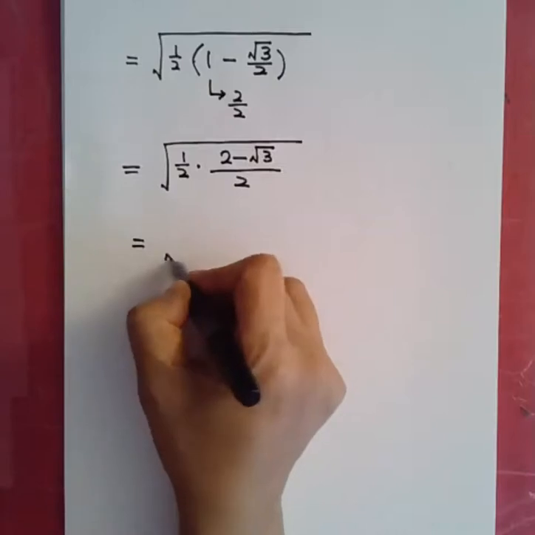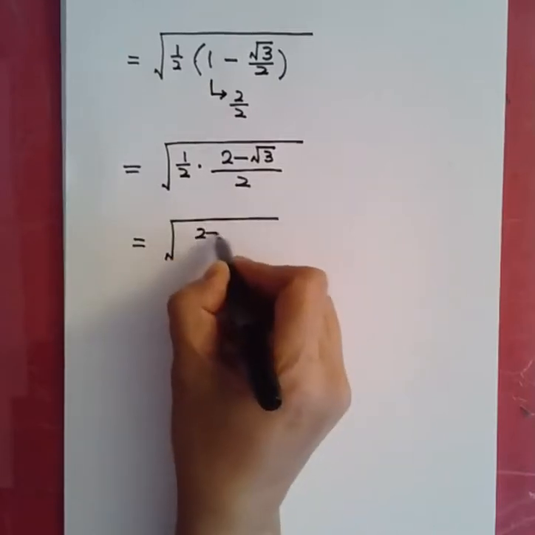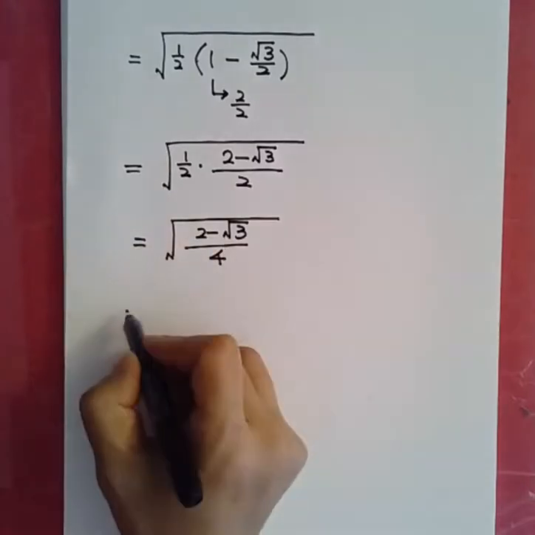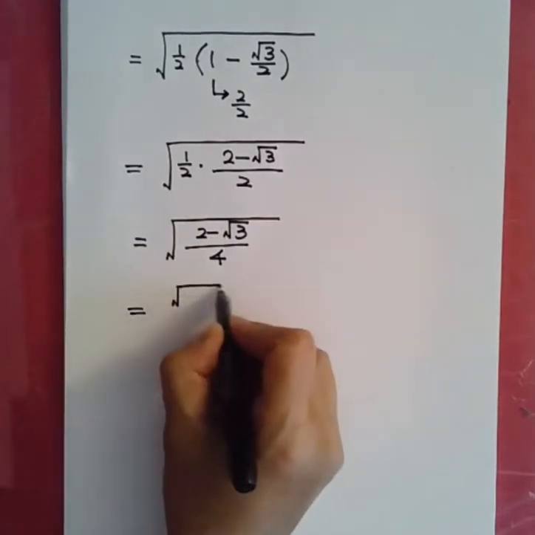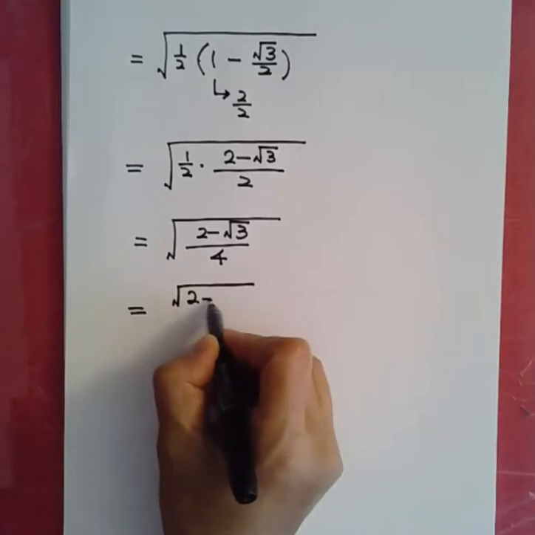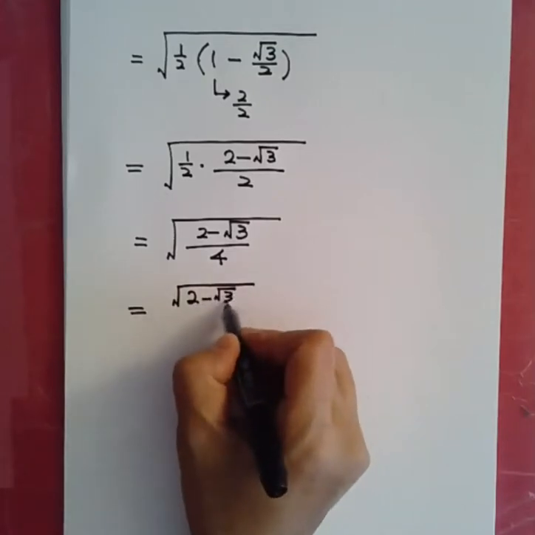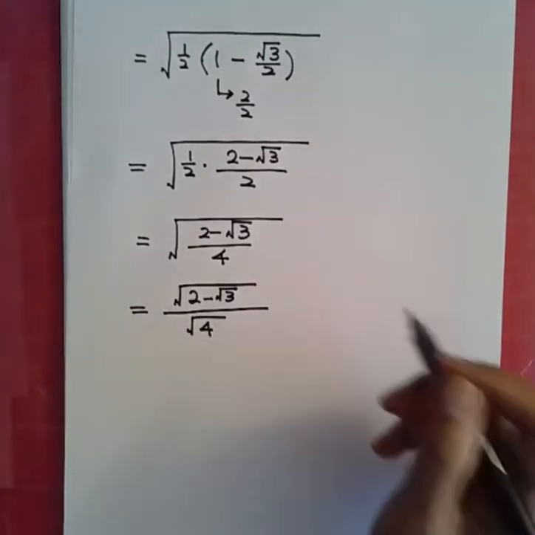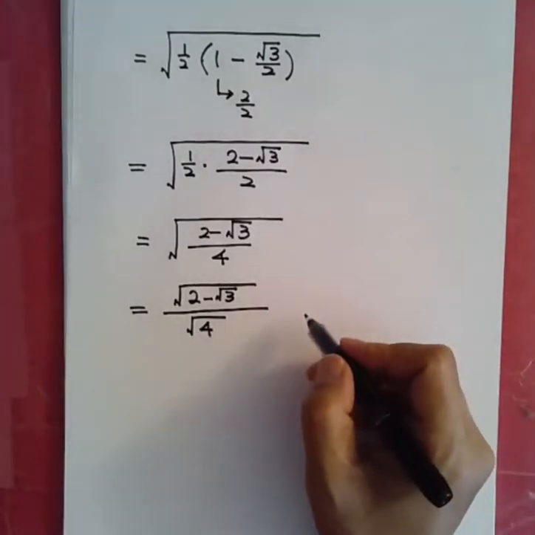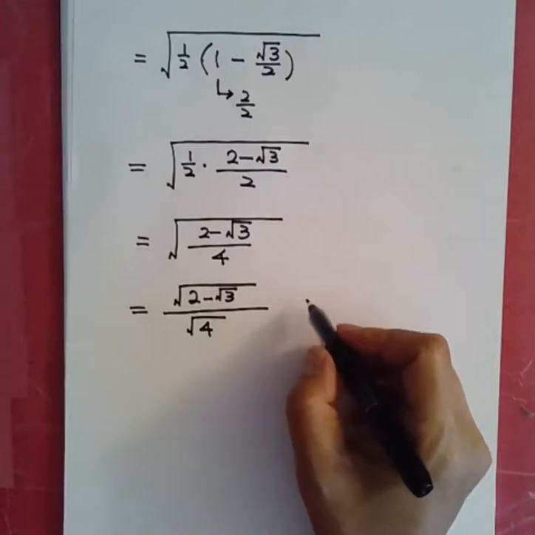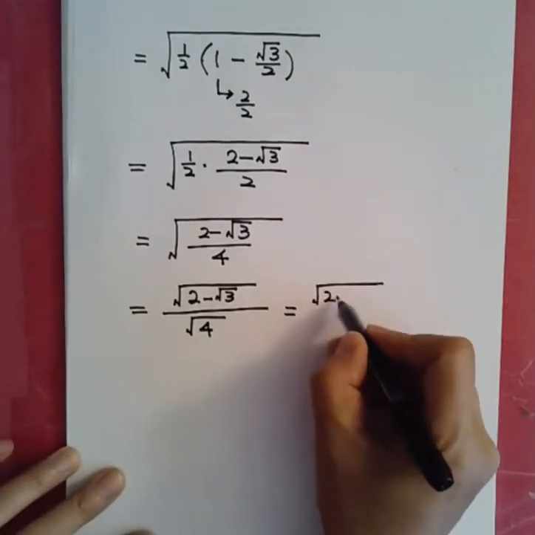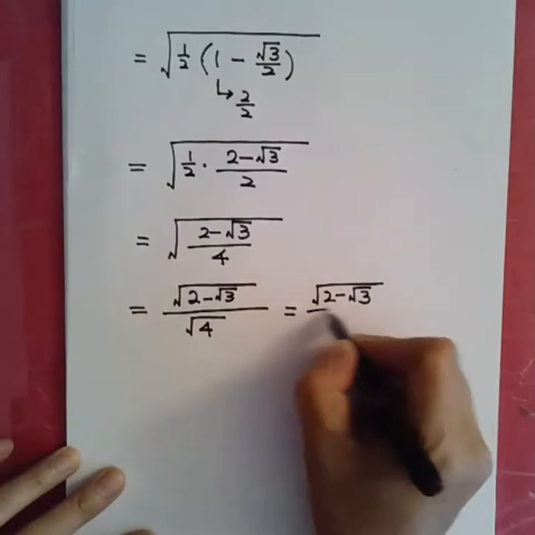So that is square root of 2 minus square root of 3 over 4. And we separate the radical sign to the numerator and the denominator. Then it'll become square root of 2 minus square root of 3 over 2.